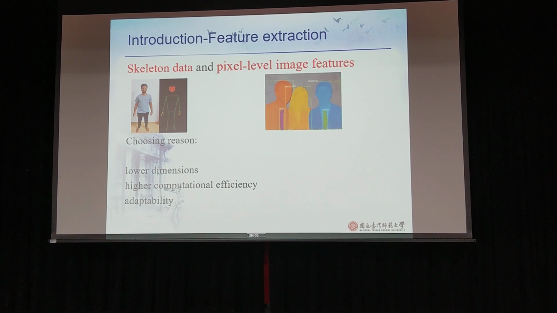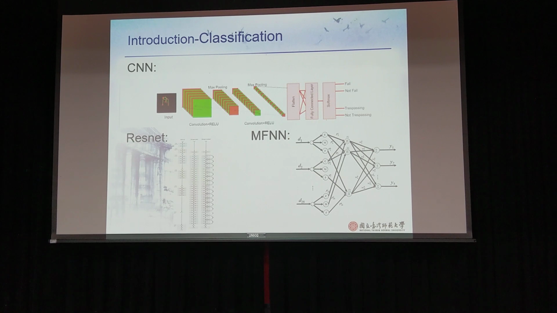Additionally, skeleton feature extraction methods generally exhibit certain accuracy in human pose recognition under different viewing angles and lighting conditions. Hence, we choose the human pose estimation algorithm, DWPose, for feature extraction. And in terms of posture classification, some papers utilize the convolutional neural network for classification.